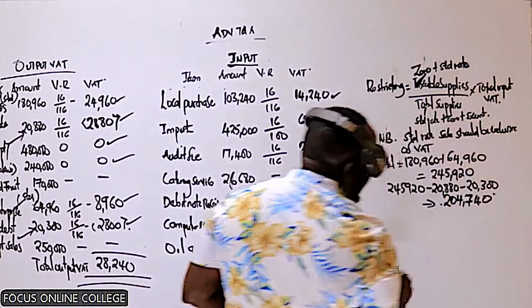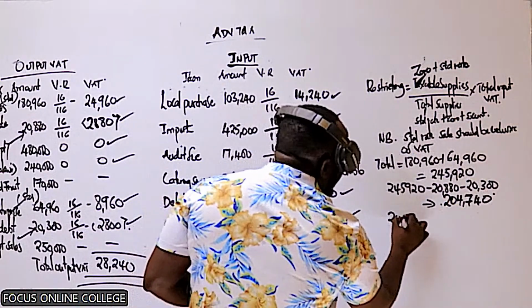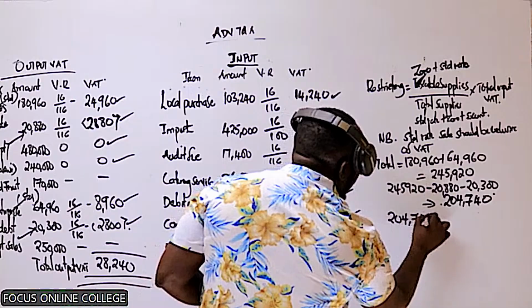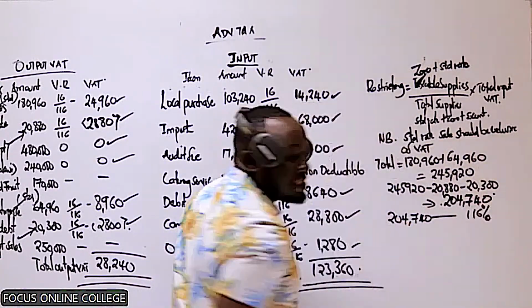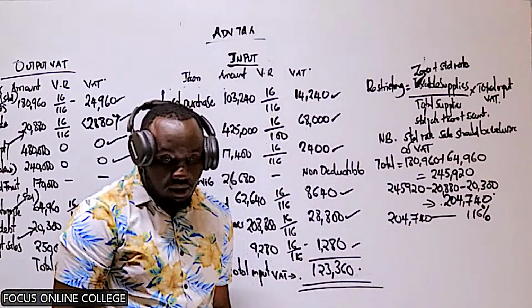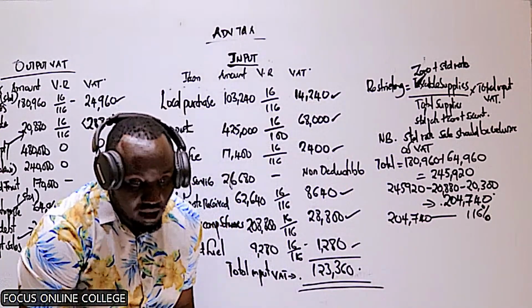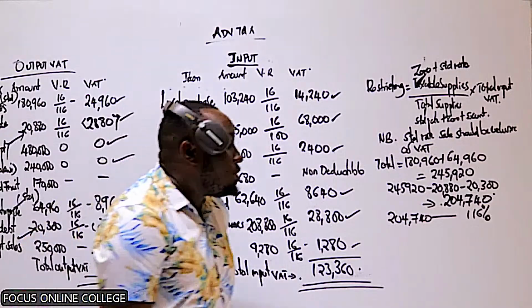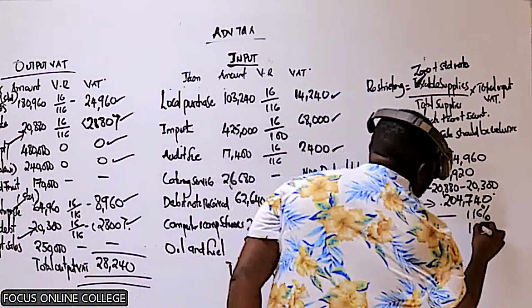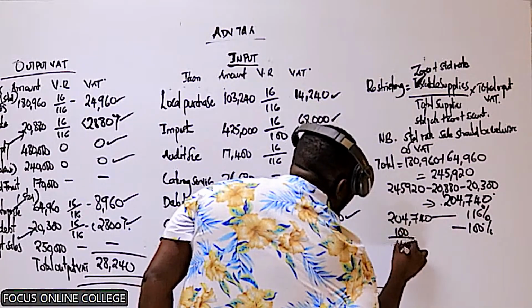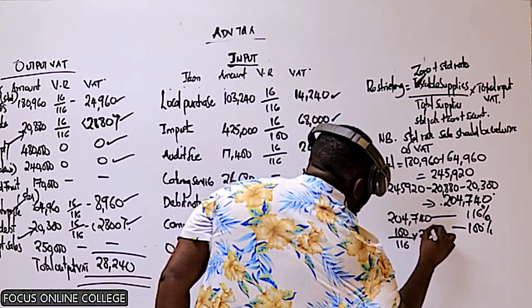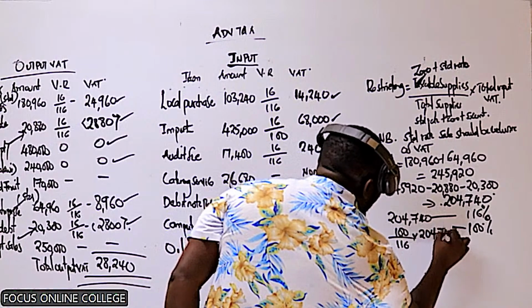So we're saying that this figure, 204,740, is 116% because that's inclusive. Yes, equals 116. What about the figure exclusive of VAT, which is 100%? So 100% would be 100 over 116 times 204,740.